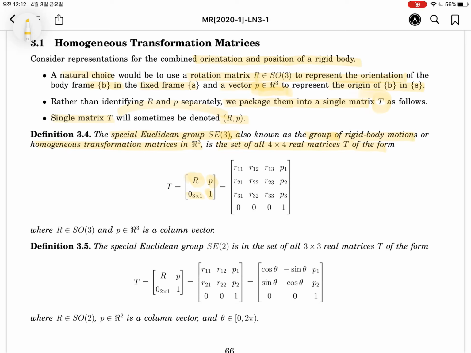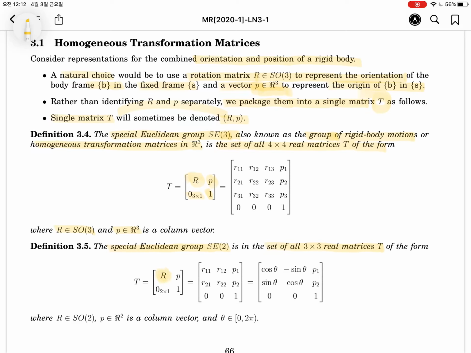In the previous lectures, R belongs to SO3. SO3 has many good properties to manipulate the matrix. P belongs to R3 as a column vector. As a special case, the special Euclidean group denoted by SE2 is the set of all 3 by 3 real matrices T in the planar case.